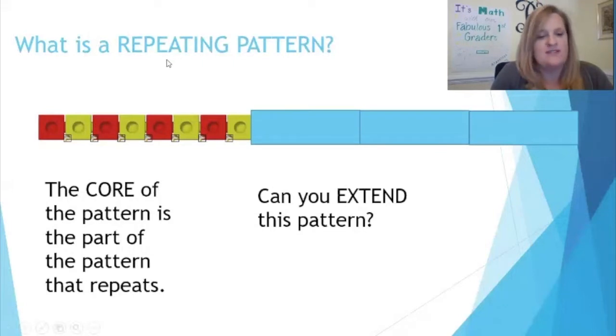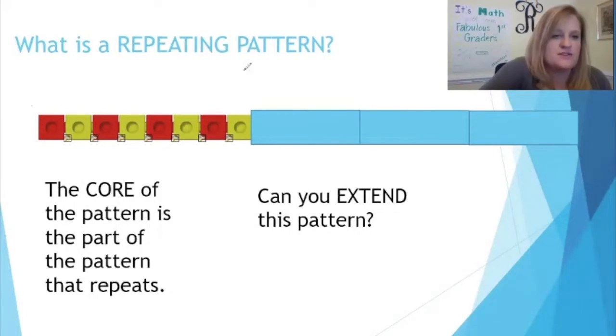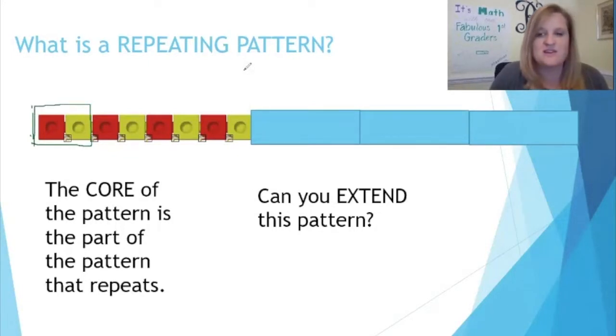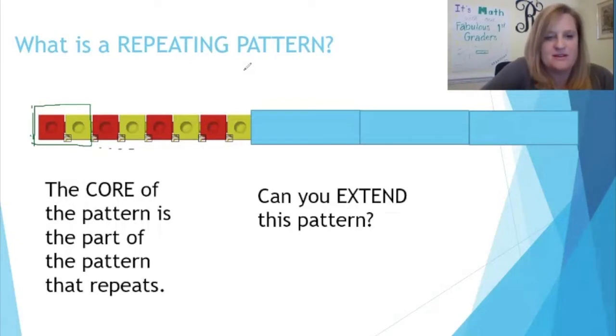So if you look at this, can you tell me what part of the pattern repeats? If I were going to mark the part of the pattern that repeats, this is the core of the pattern, red and yellow. And then it repeats, red, yellow, red, yellow, red, yellow.